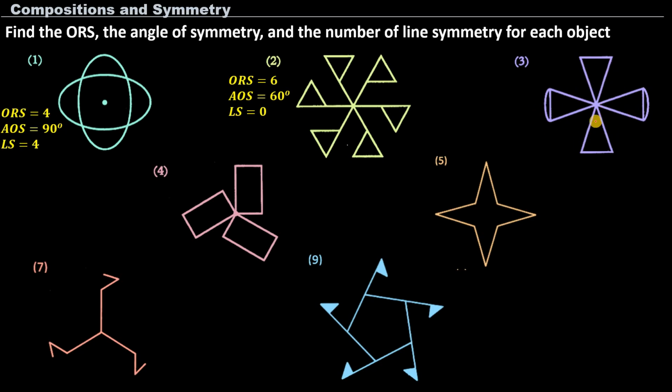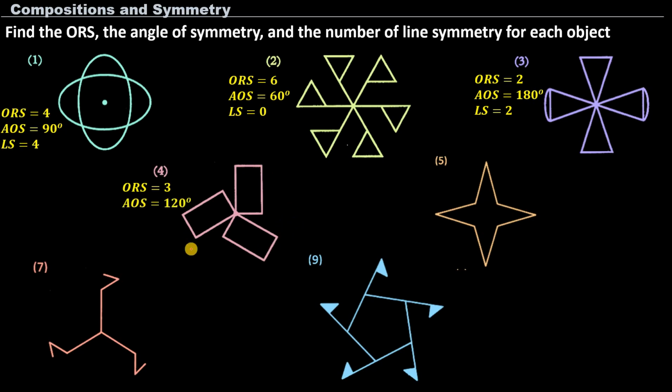Number 3, we have an order of rotational symmetry of 2, so 180 and 180 back. Angle would be 180 degrees because of that, and then line symmetry 2, up and down, left and right. Looking at 4, we can spin it 3 times.